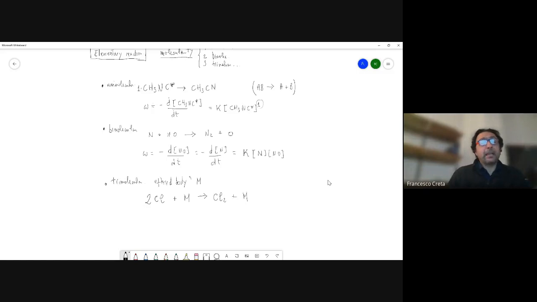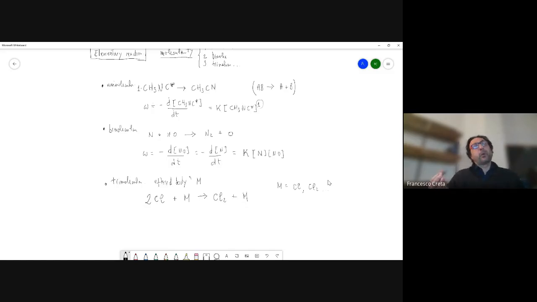And M again could be anything. M could be Cl, it could be Cl2, it could be any sort of molecule that's actually present in your system. But depending on which one you choose, which one actually operates in this particular collision, it will do so with a different efficiency.